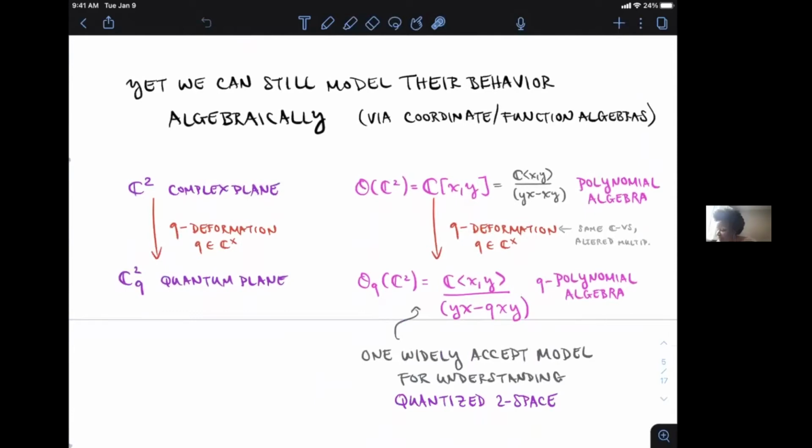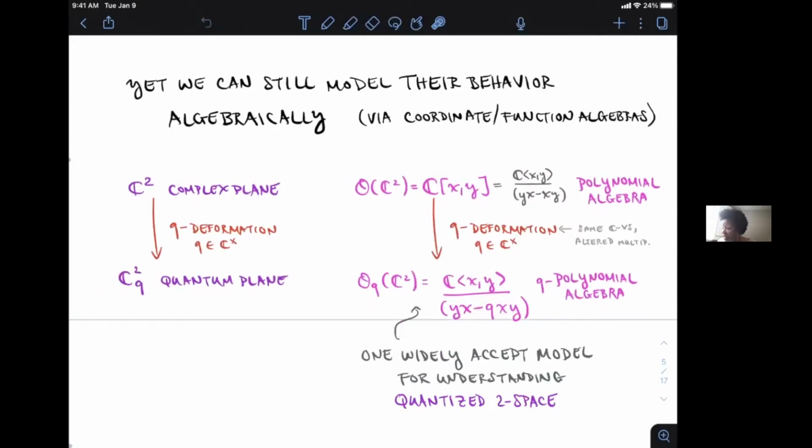Algebraically, what this means is that I'm going to take the coordinate algebra of my complex 2-plane, and I'm going to cook up an algebra that still has the same vector space structure as a polynomial ring in 2 variables, but I'm going to alter the multiplication with a q. This is a very rough version of what a deformation is. Up here in the classical setting, I have a nice commutative algebra, but as soon as I start dealing with deformations, then I'm in noncommutative world, then I'm in quantum world.